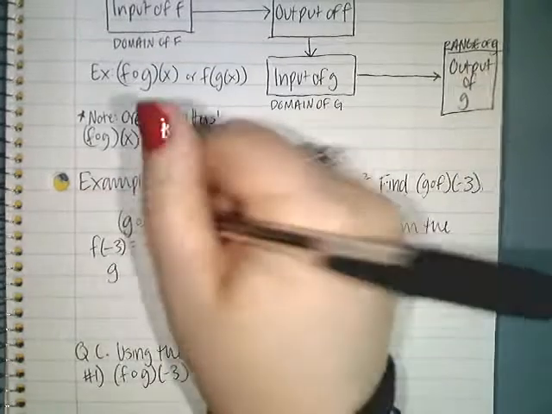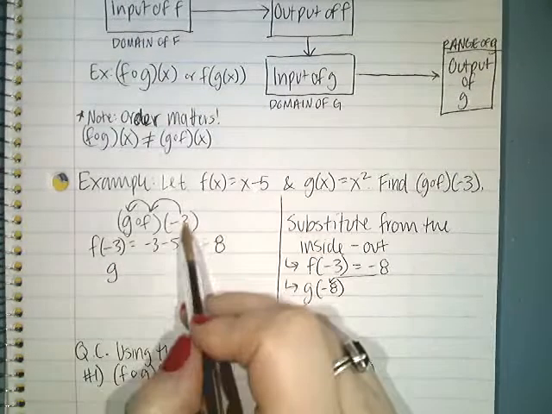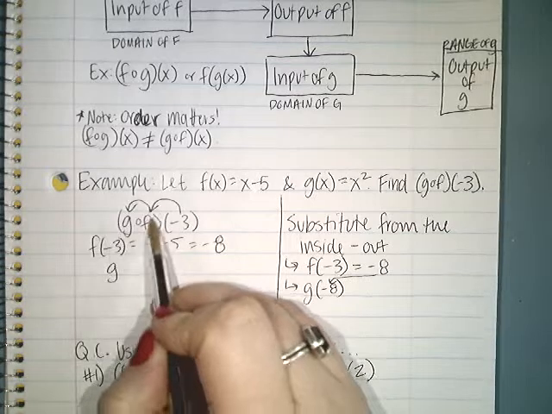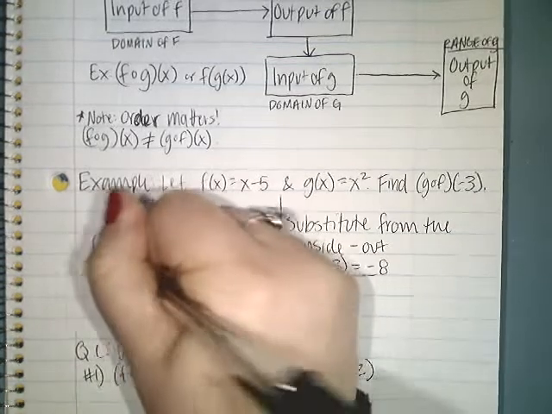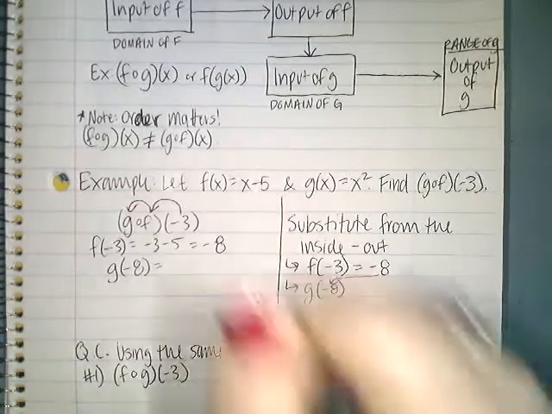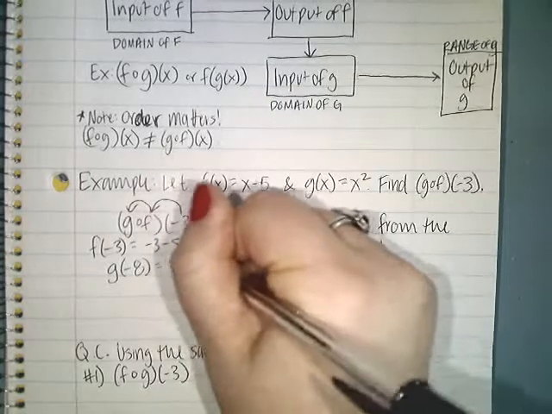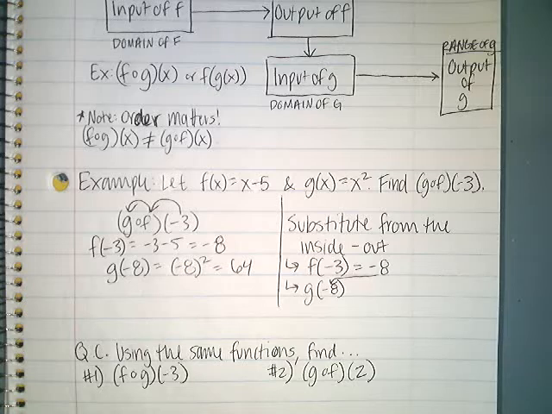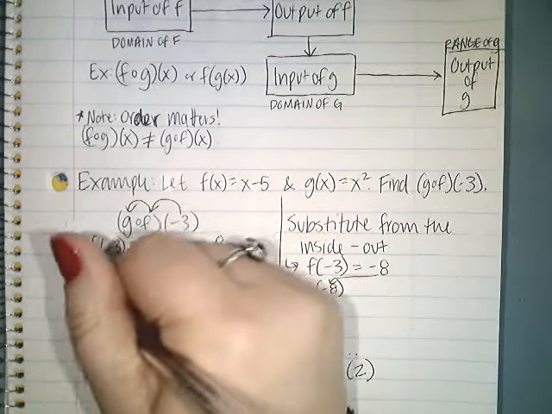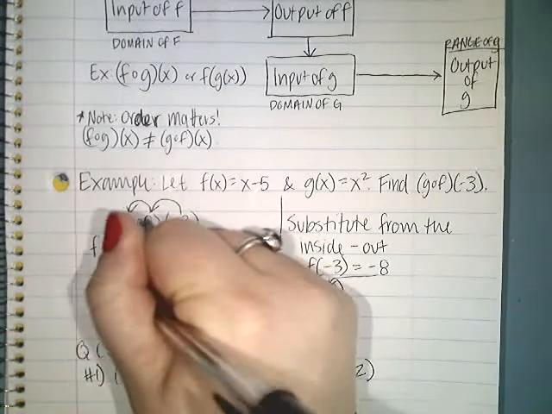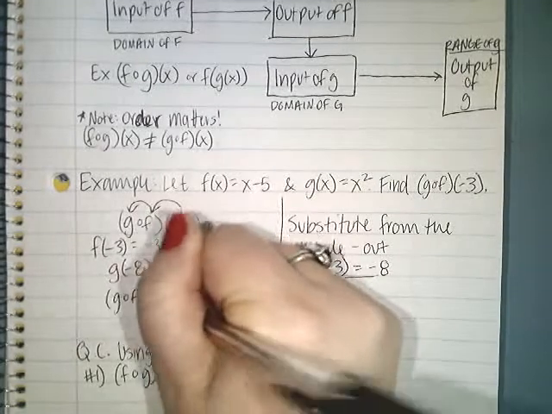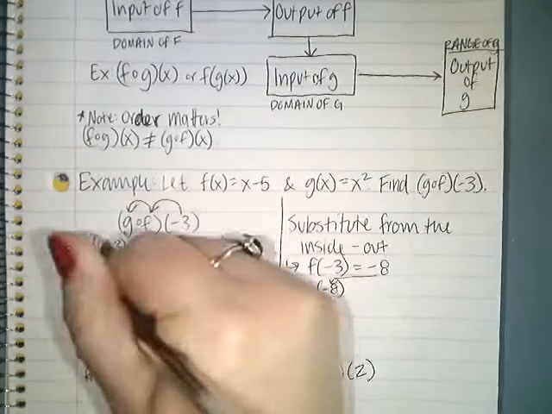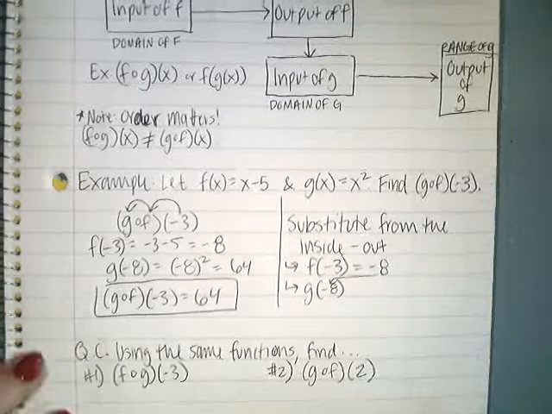So you plug negative 3 into f, get an answer, plug it into g. So I have g of negative 8 is equal to negative 8 squared. Negative 8 squared is 64. So g of f of negative 3 is equal to 64. And that's all you have to do.